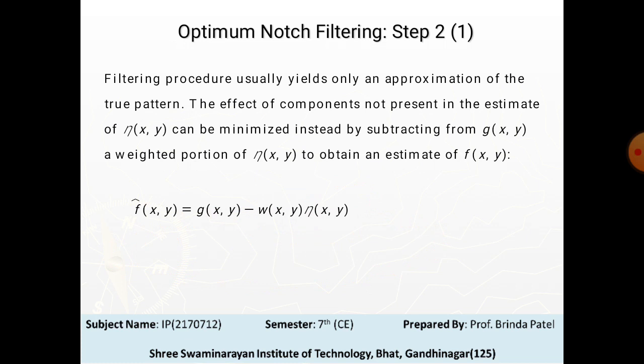So f hat of xy is the estimate of f of xy and w of xy is to be determined. So the function w of xy is called a weighting and modulation function, and the objective of the procedure is to select this function so that the result is optimized in some meaningful way.